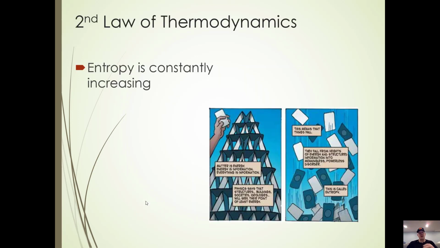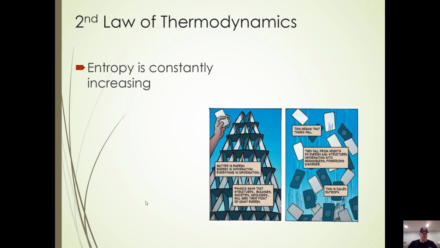Well, we also have the second law of thermodynamics. This one states that the entropy of the universe is constantly increasing. This might seem like it's at odds with the first law, where it's saying energy is constant. But no, this is entropy. This is disorder. As we do our transferences and transformations, we end up creating more and more disorder.